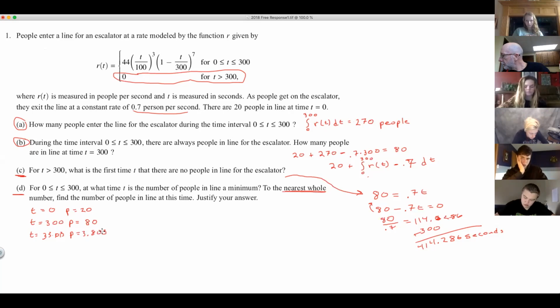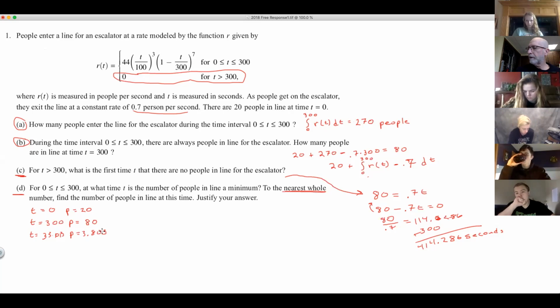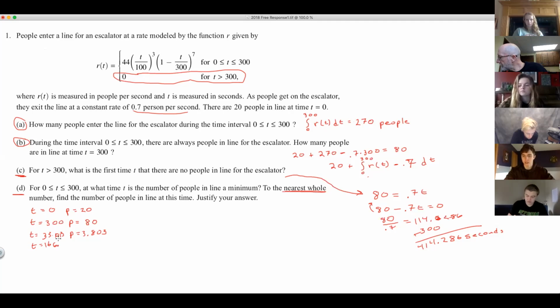And then my other time was, I'm looking at too many things, 166.575. And my number of people was 158.07.